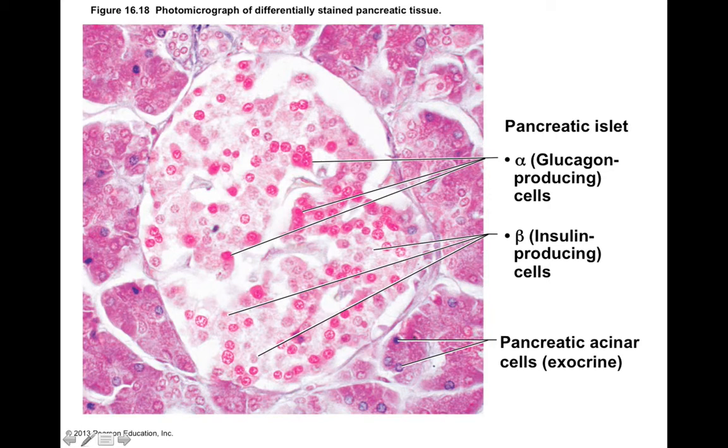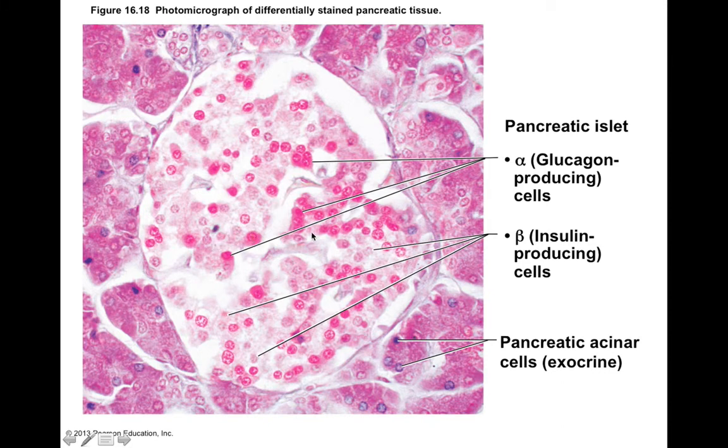What we see here is a microscopy image of a pancreatic islet, and it's this sort of lighter stained tissue here. This whole lighter stained tissue right here is a pancreatic islet, or islet of Langerhans, and the cells within it are going to be alpha cells and beta cells.